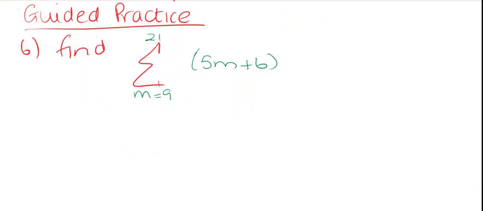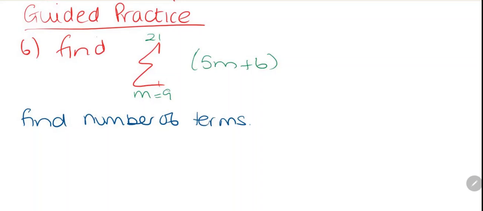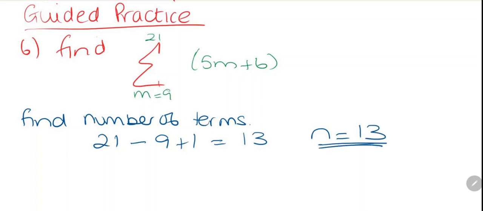Okay, so to solve this problem, the first thing we need to do is find the number of terms. So to find n, we have 21, which is the value, minus 9, and then we need to add 1. So this is going to be 13. So our number of terms is 13.